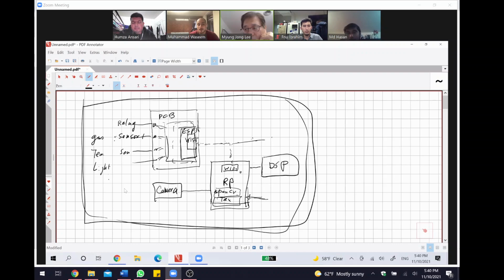Cell phones and others, using the Wi-Fi, or using a server. Is it battery operated or AC operated?